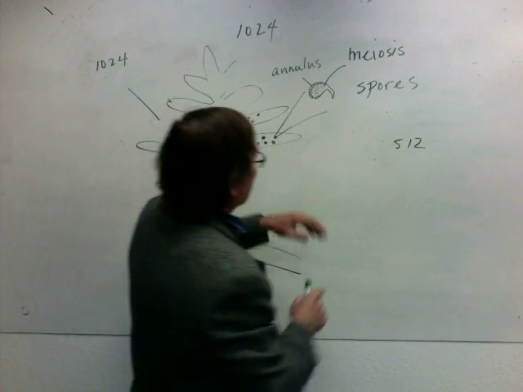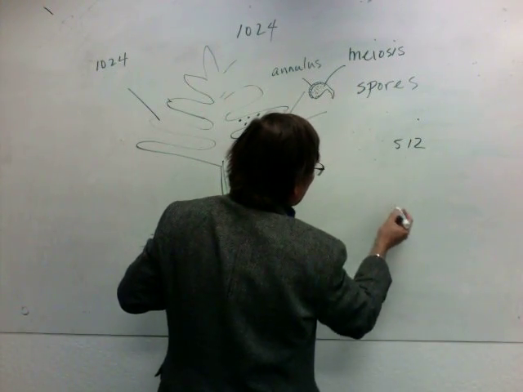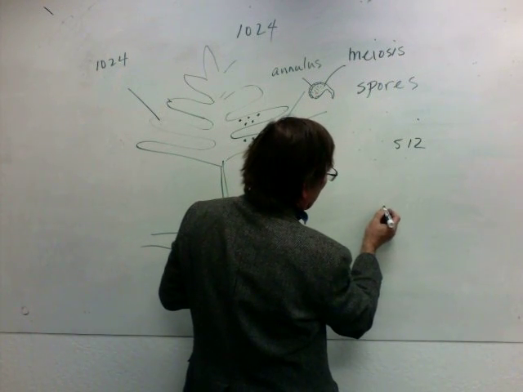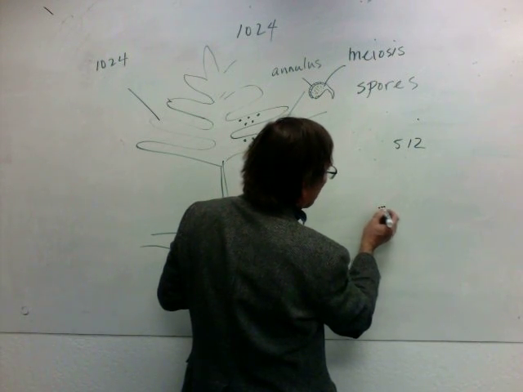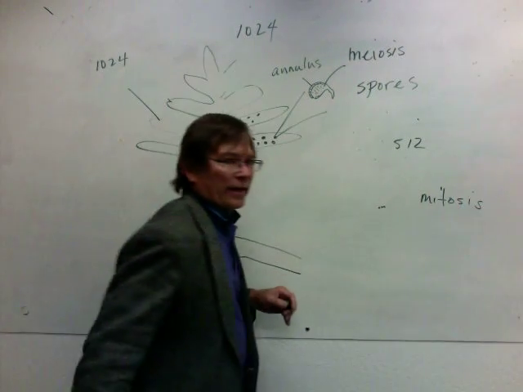All right? Now, the individual spores, as I said, will float around in the wind, and if they happen to land somewhere which is favorable for their growth, then the spore will germinate, and it will undergo reproduction by mitosis. Mitosis. Okay?